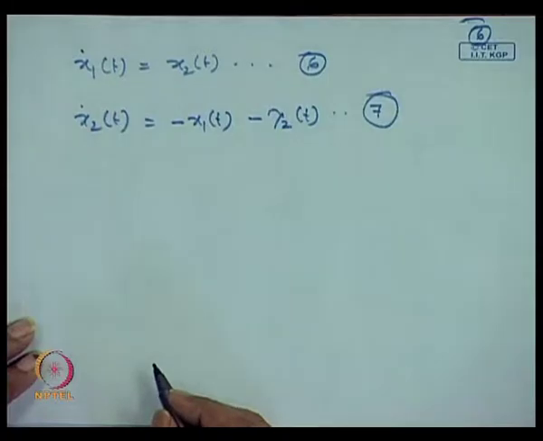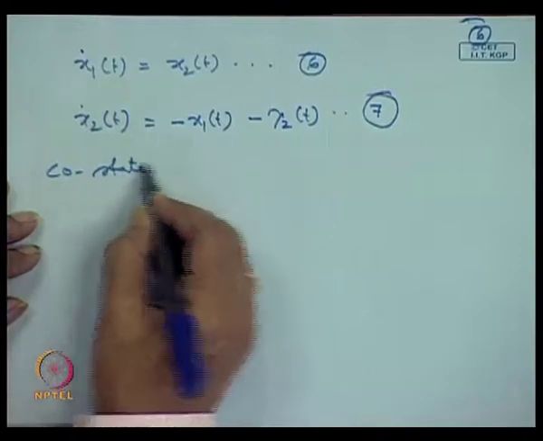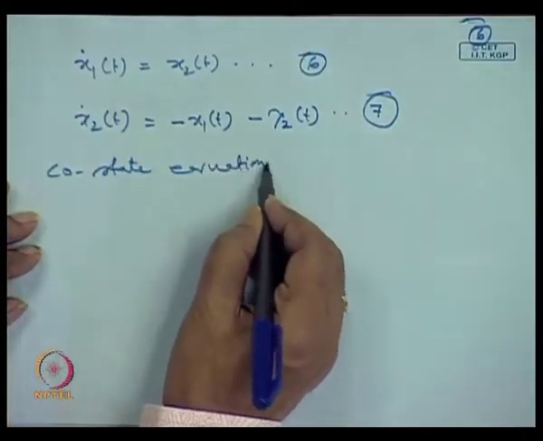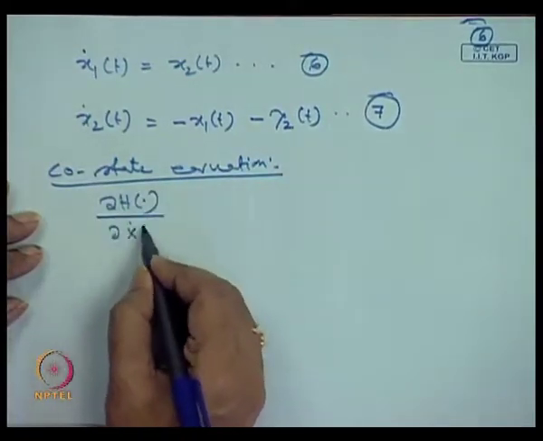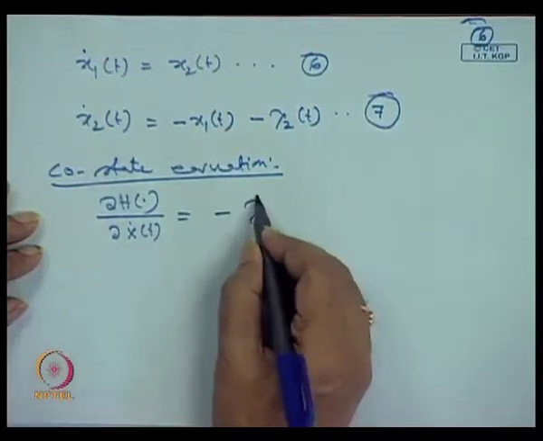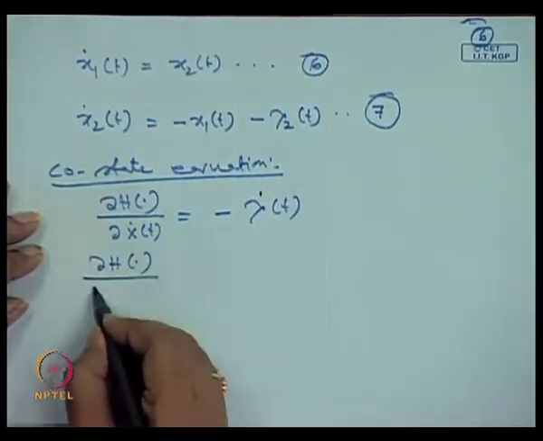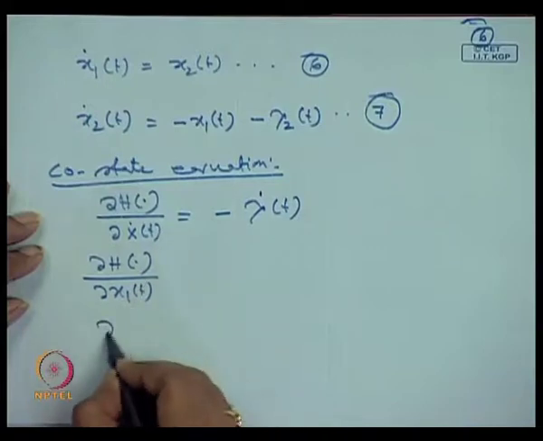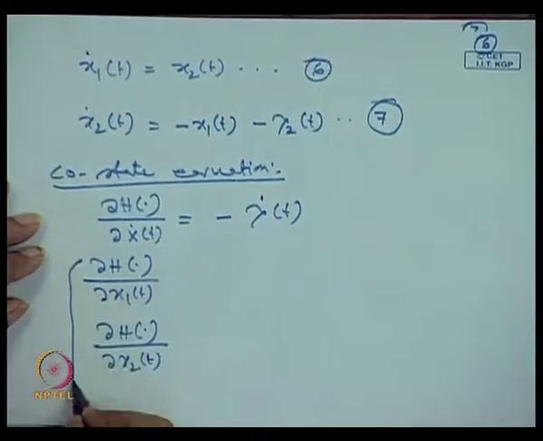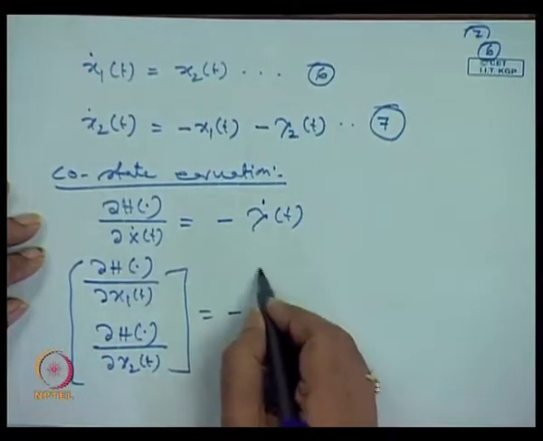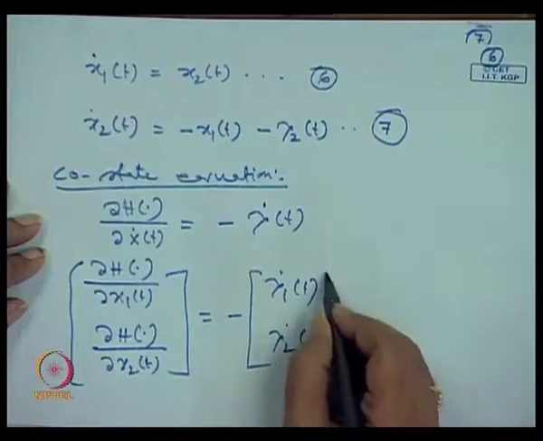So, this is the state equation, now the co-state equation: the derivative of H with respect to x is equal to minus lambda dot of t. So, this is nothing but del H del x1 of t, del H del x2 of t, which is equal to minus lambda1 dot, lambda2 dot.